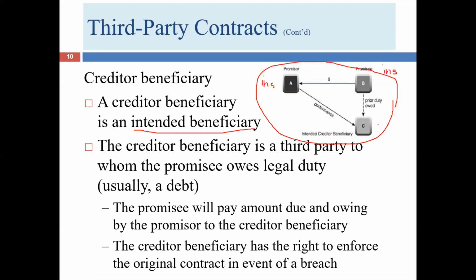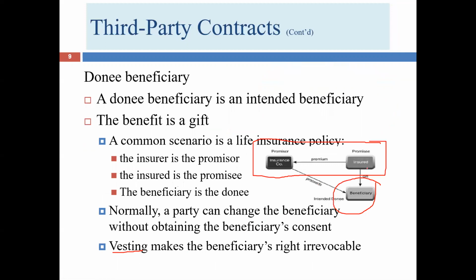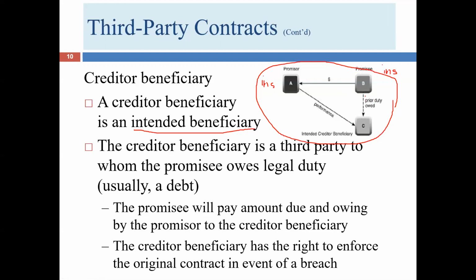And this is where we had the Donee beneficiary over here. So it's basically the same picture. But the one difference is that where we have a gift here, which suggests no legal obligation, we do have a legal obligation here. That's a difference that makes a difference.